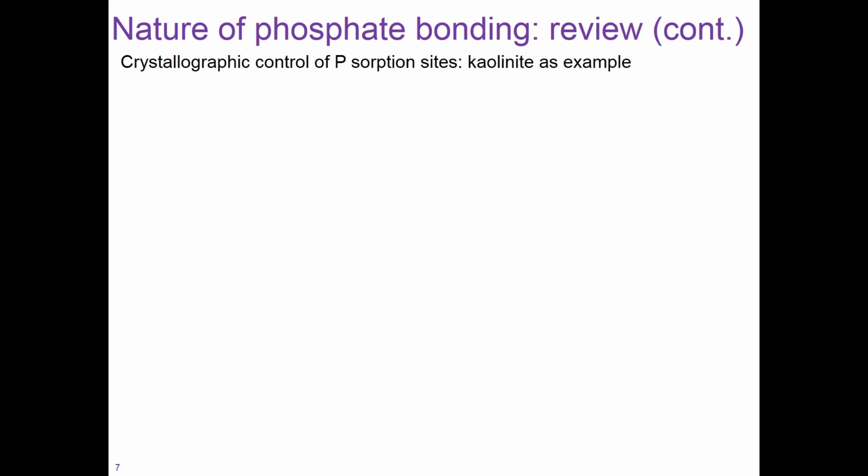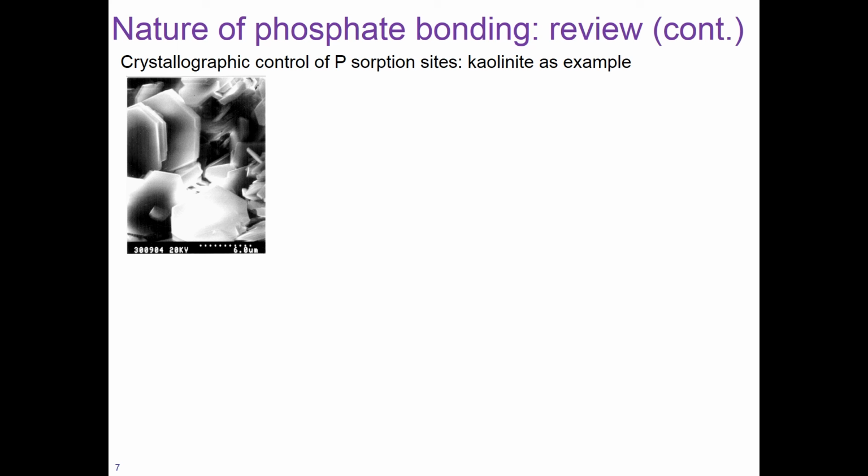I'd like to address crystallographic control of phosphorus sorption sites and use kaolinite as an example. This is a scanning electron microscope micrograph of kaolinite crystals.